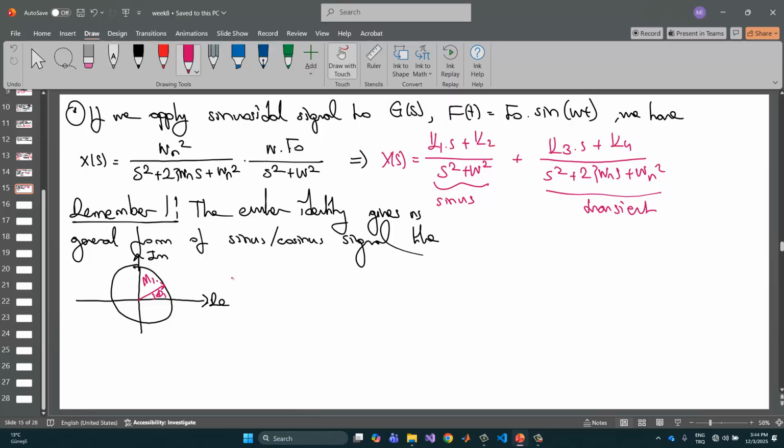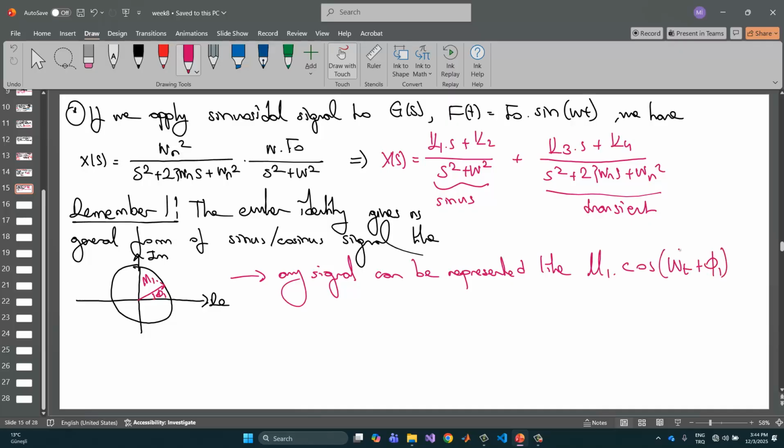And so any signal can be represented like M1 magnitude times cosine of wt plus phi 1. This is the phase, this is the magnitude.